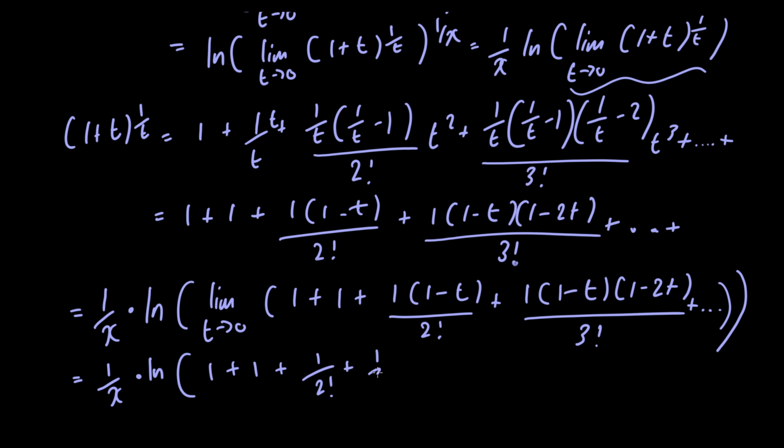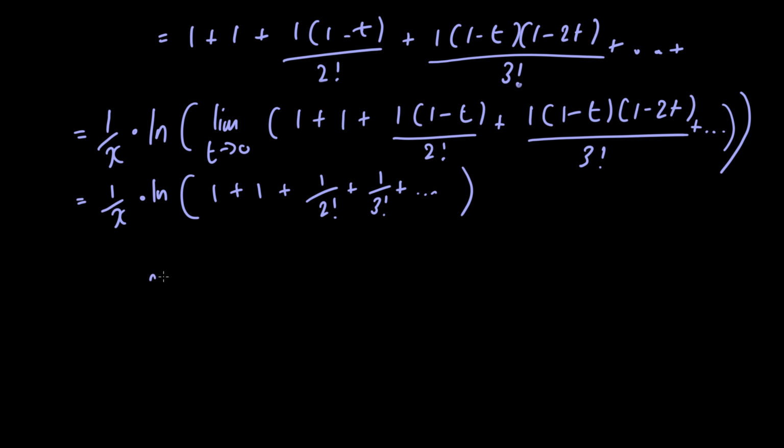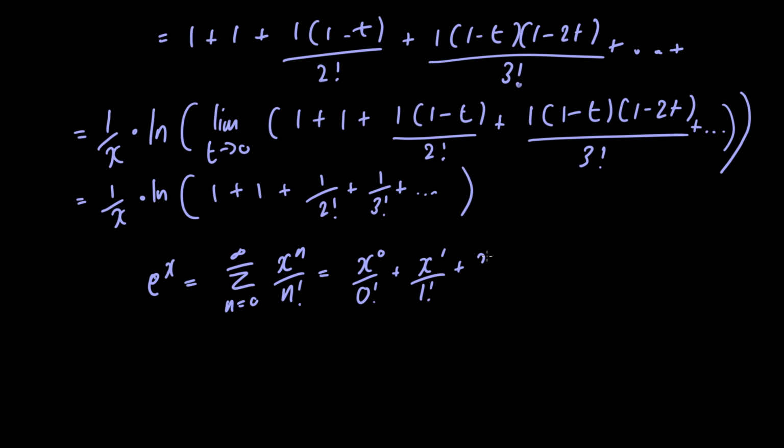Now remember before we defined e as the following. This is just 1 plus x plus x squared over 2 factorial.